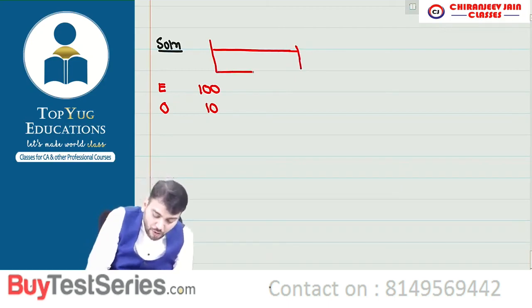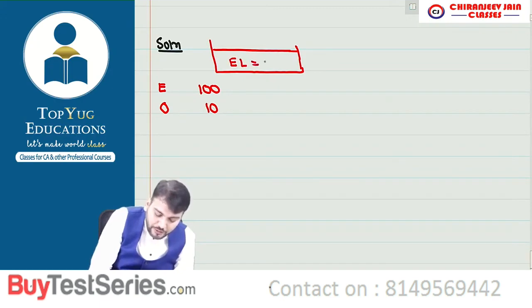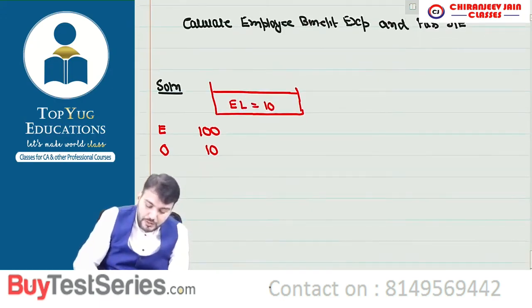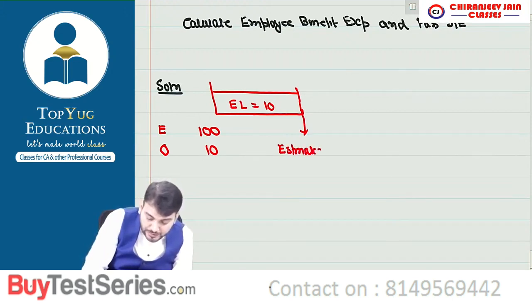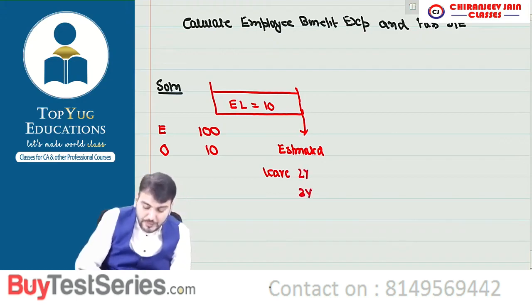Correct? How many employee left? Employee left is equal to 10. And how many employee estimated to leave in second year and third year?